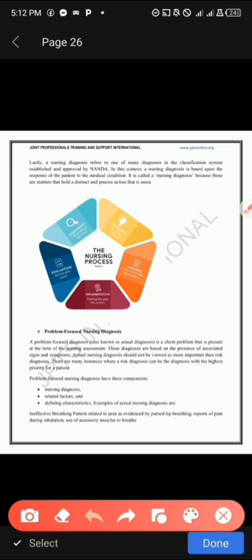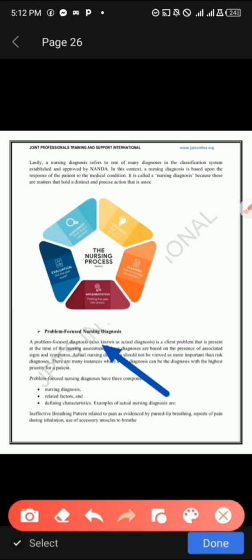Problem-focused nursing diagnosis, known as actual diagnosis. It's a client problem that is present at the time of the nursing assessment. The problem of the client, that is the patient.